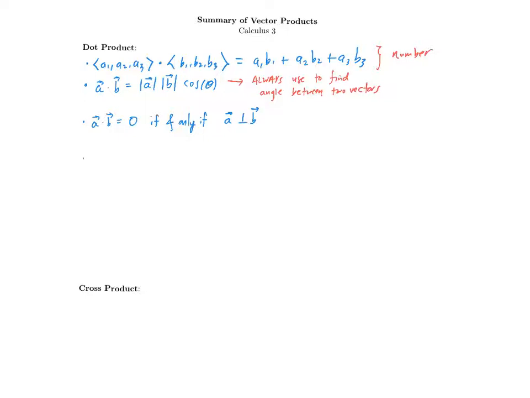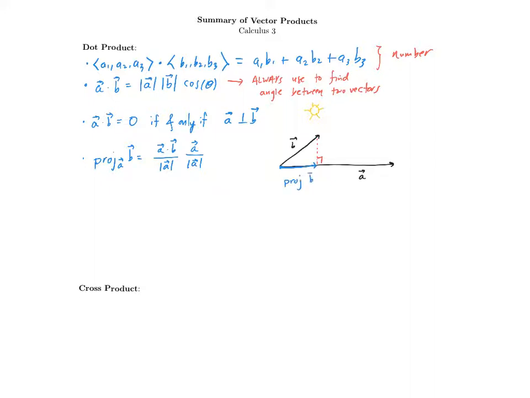And then we investigated something called the projection, where we said the projection of B onto A is A dotted with B divided by the magnitude of A, multiplied by the unit vector in the direction of A. And just to give you an idea of what this is calculating, if you have the vector A and the vector B, the projection of B onto A is kind of the shadow that B casts onto A. So if we come down to A from the terminal point of B and hit it at a perpendicular, then the projection vector of B onto A is given here in blue.